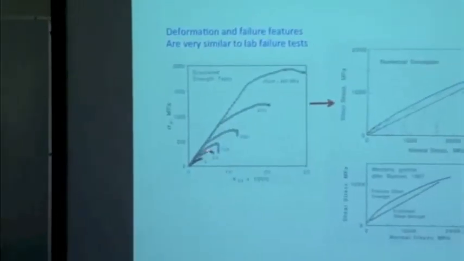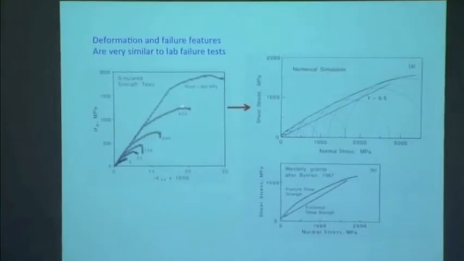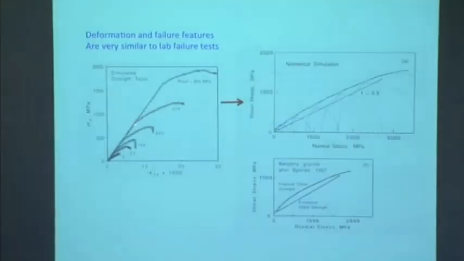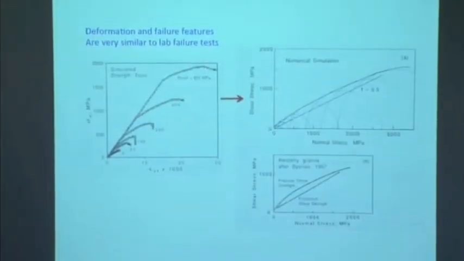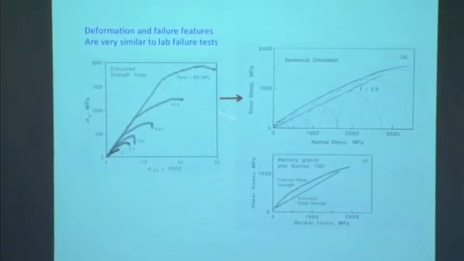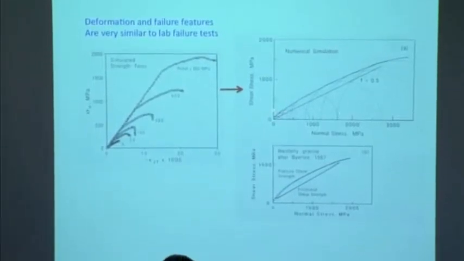made synthetic deformation experiments on 2D granite samples, you get a suite of runs like this, which are stress-strain plots, showing that as you increase confining pressure, you get this very characteristic increase in strength. If you then do a shear normal stress plot, you get a failure envelope that looks like this.